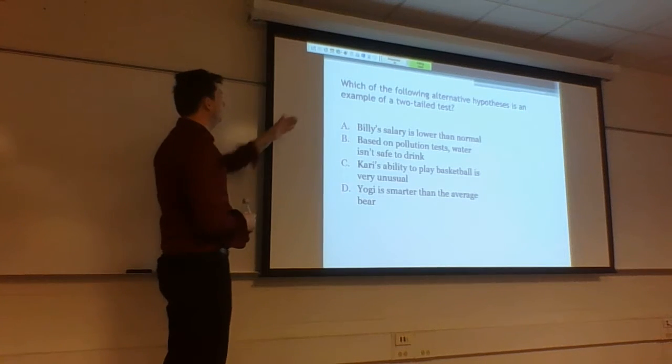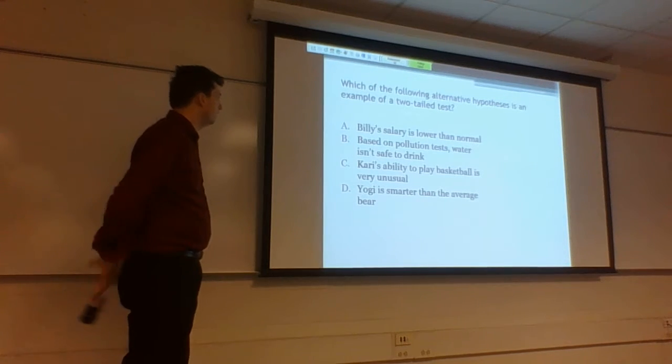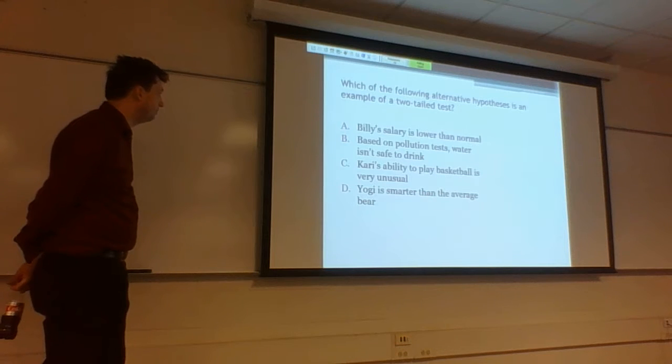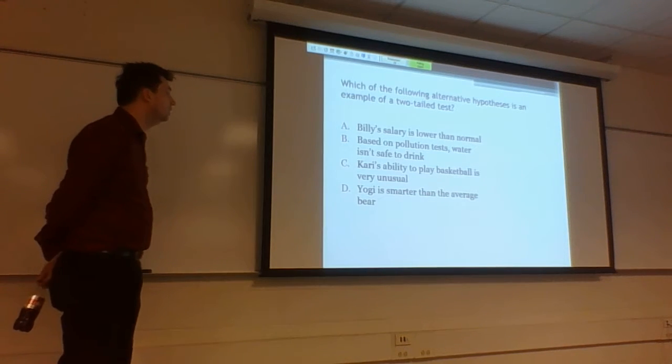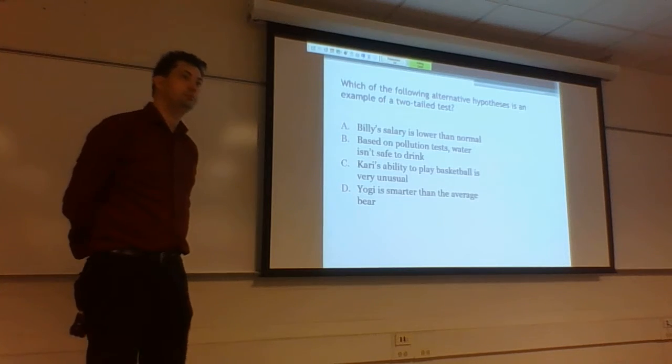So we have A, Billy's salary is lower than normal. B, based on pollution test, water isn't safe to drink. C, Carrie's ability to play basketball is very unusual. Or D, Yogi is smarter than the average bear.